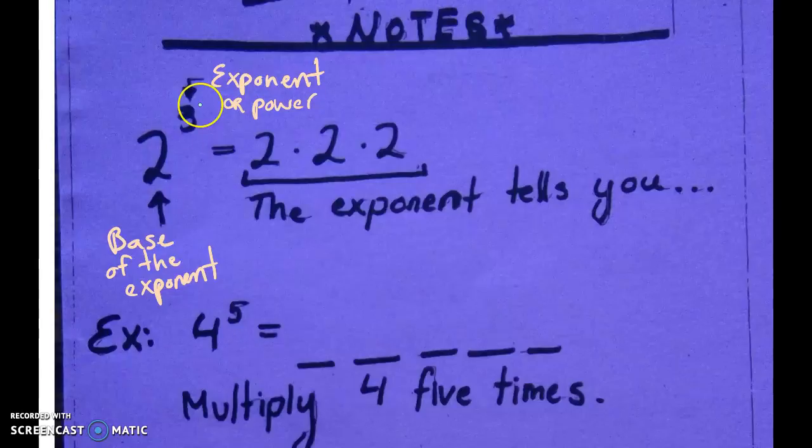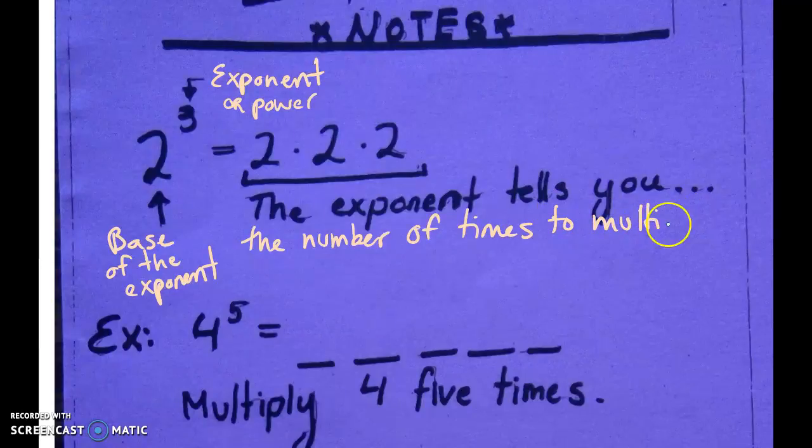And if we have 2 to the 3rd power, it really just means 2 times 2 times 2. So 2 times itself 3 times. To complete this sentence, the exponent tells you the number of times to multiply the base by itself.